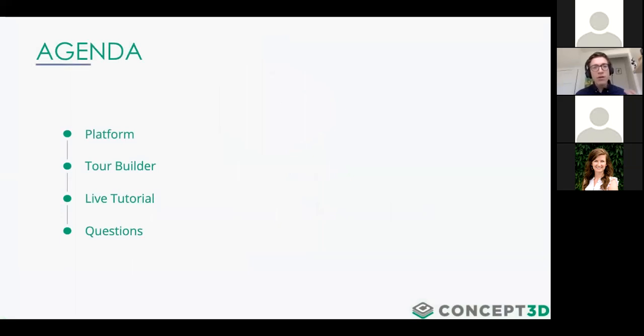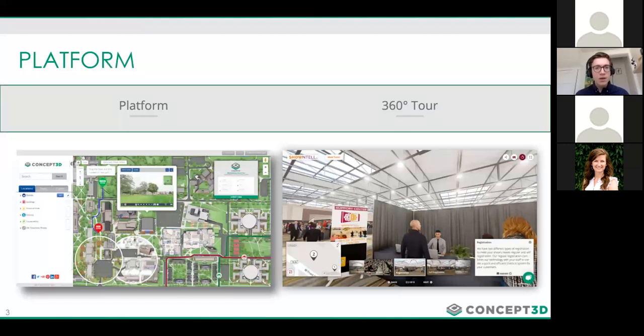What we're going to go over today is what our platform is, what Tour Builder is, and then jump into a live tutorial, and hopefully round up at the end with some questions. Our 360 Tour is a feature of our platform, but it's the only feature that's actually standalone.